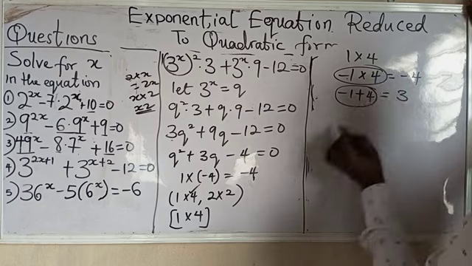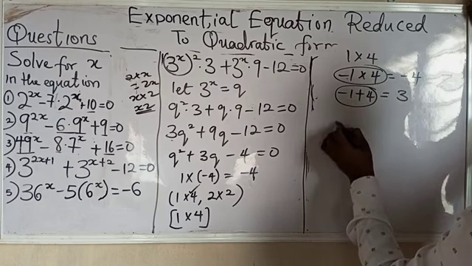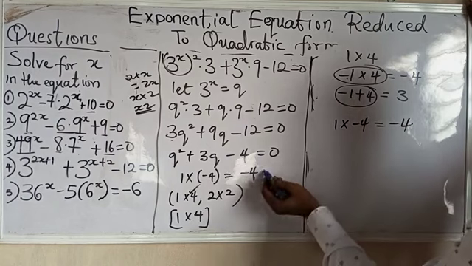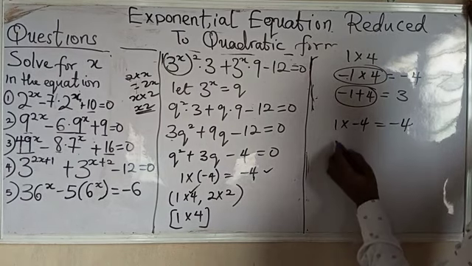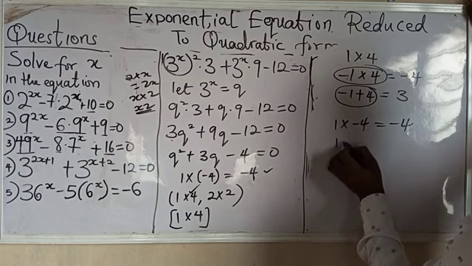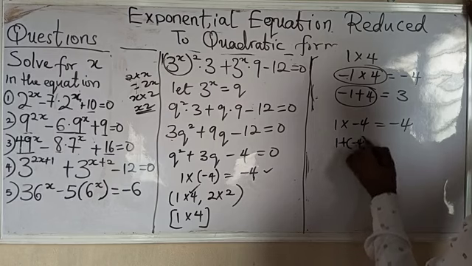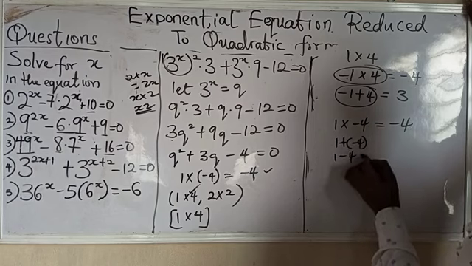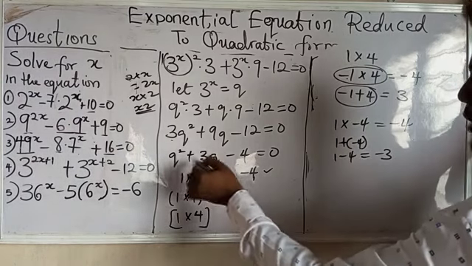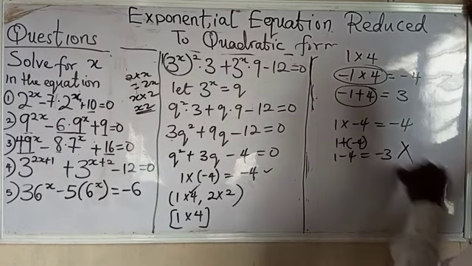Let's say my minus is at 4. So let's say I have 1 times minus 4. I will automatically have minus 4, which is correct here. But when I do addition, 1 plus minus 4, that is 1 minus 4, I will automatically have minus 3. And the middle term here is plus 3, so this will not go.